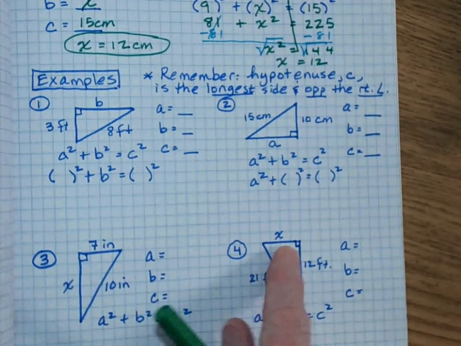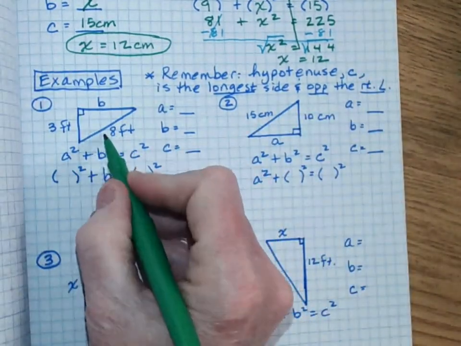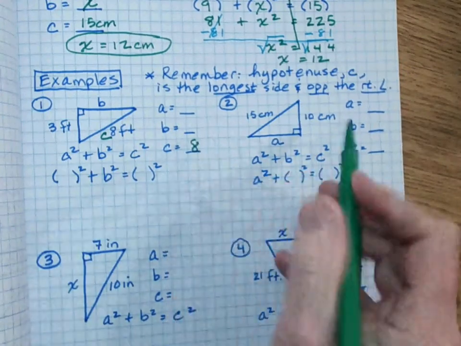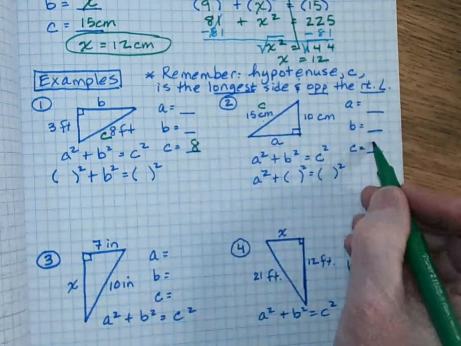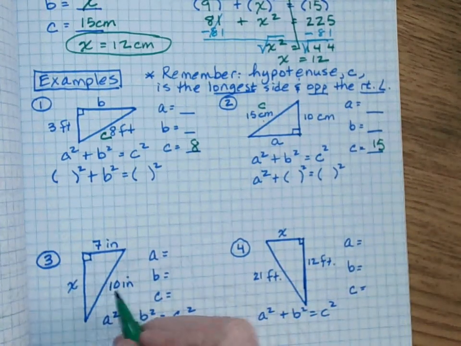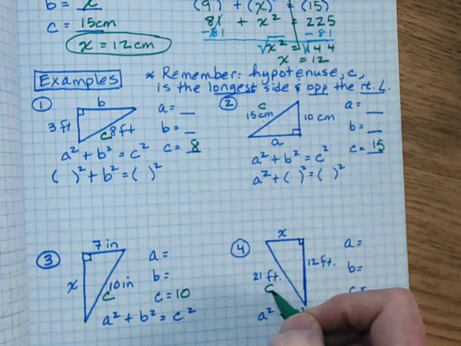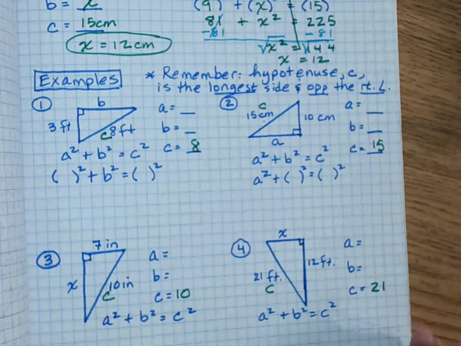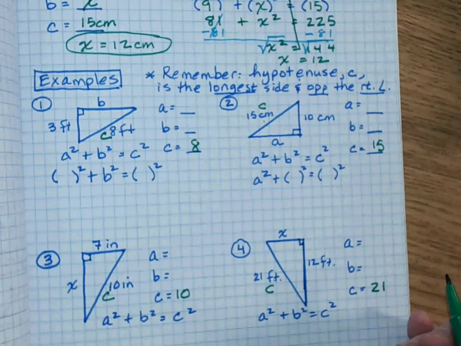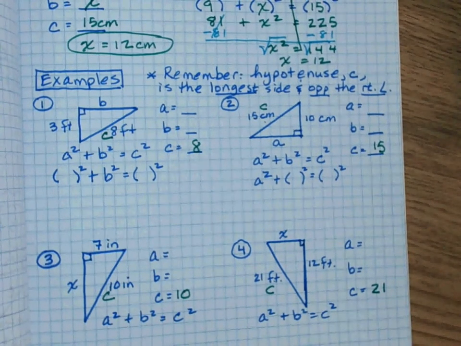So sometimes I like to do this first: I go through and identify that C is the longest side, always the side opposite the right angle. Now, what I would like you to do is pause the video and try to do these on your own, and then you can watch me.